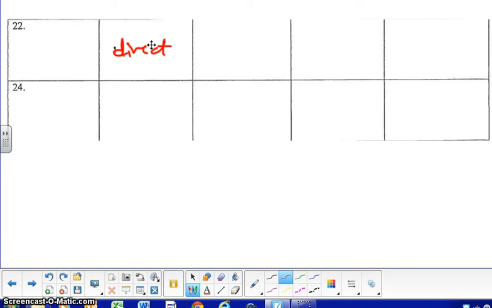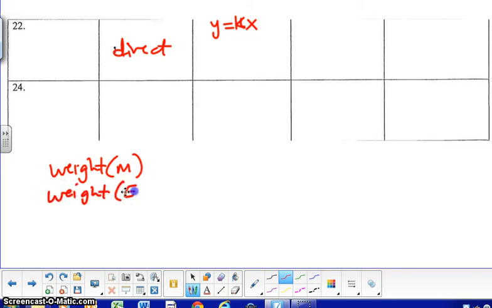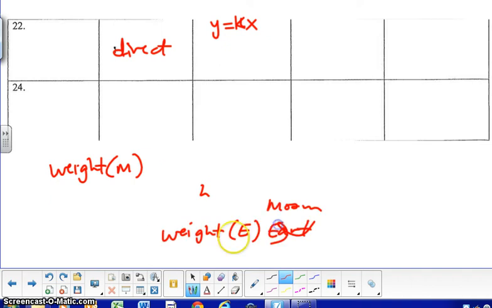Okay, so if it's direct variation, we're going to use this formula, y equals k times x, and the object on the moon varies directly, so we are going to call the weight on the moon m, and the weight on Earth e. So that's the moon, and this is the Earth. That will help when we do the work.